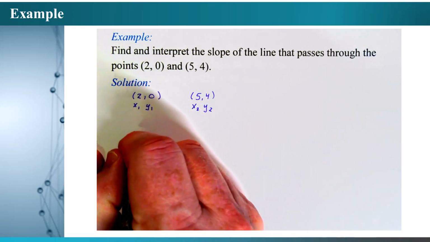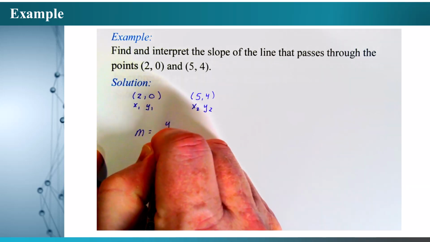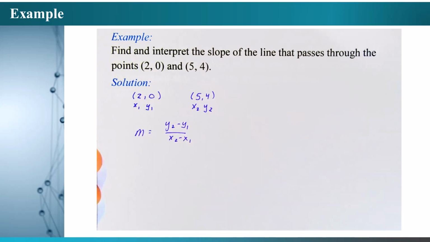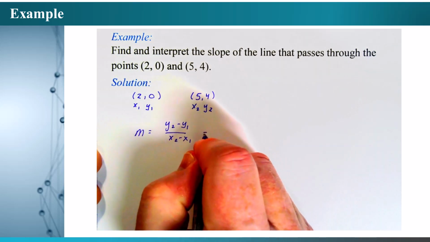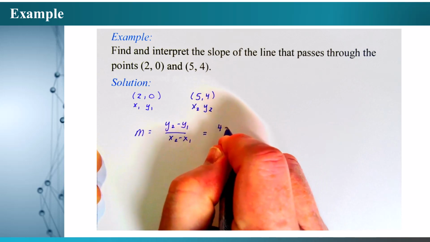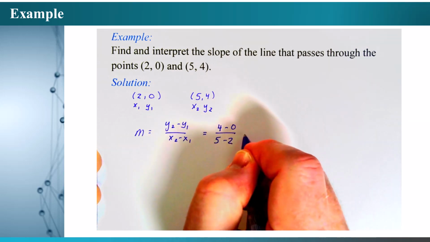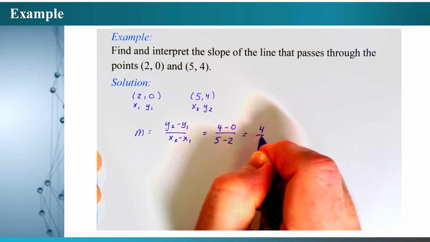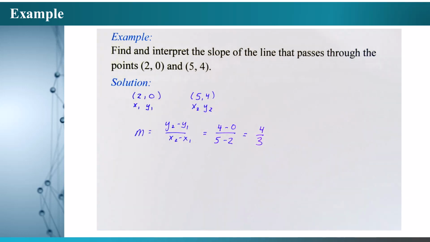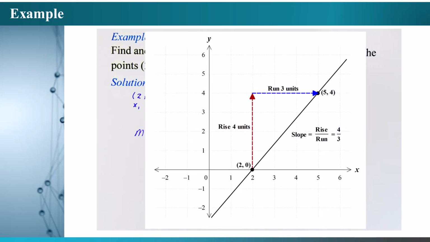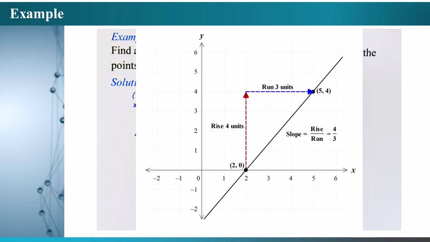So the slope I know is going to be the difference of y values over the difference of x values. And it looks like that's going to give me 4 minus 0 over 5 minus 2. Well, that gives me 4/3. So I'll have a slope of 4/3. Now let's remember what this means. It means that if x changes by 3 units, then I can expect y to change by 4 units.